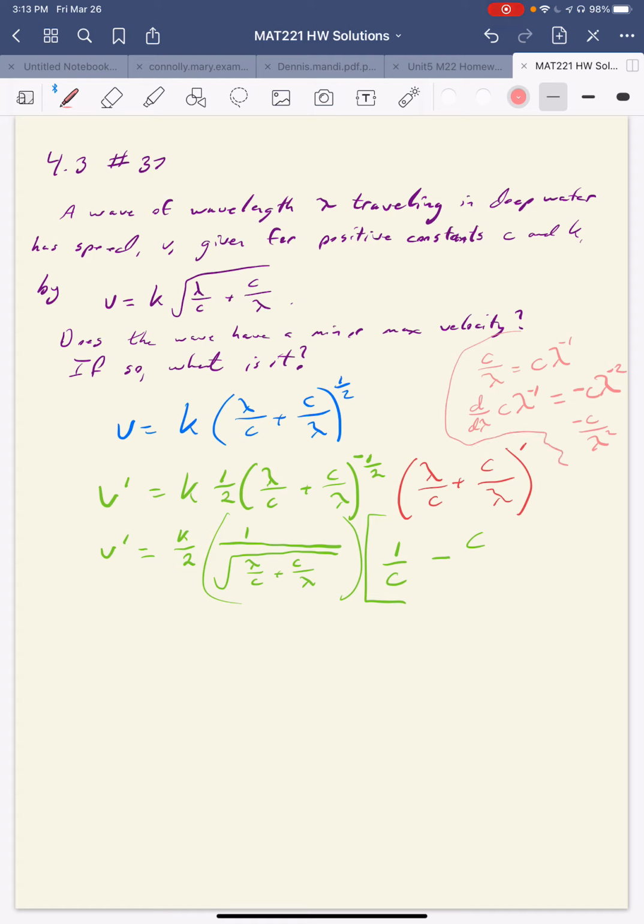That's my scratch work, so it doesn't go in my actual equation. So I have this minus c over lambda squared.